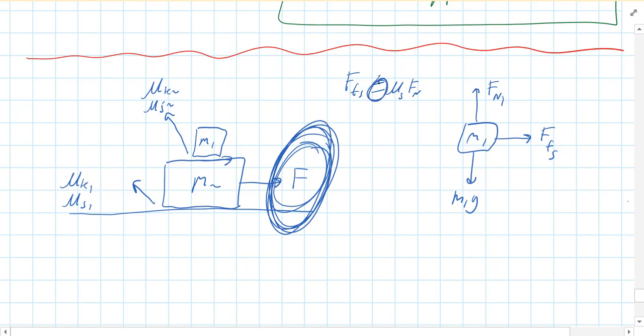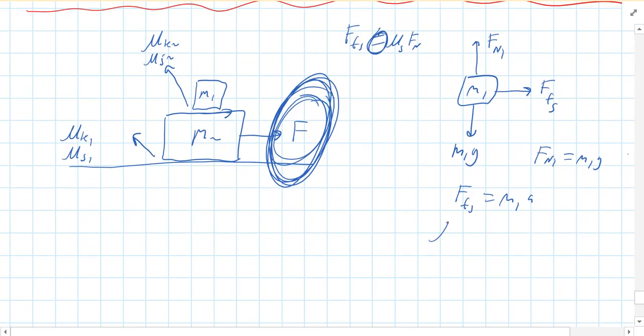We want to know the biggest amount, the biggest force of friction we can have. Now, this is our FBD. This is actually pretty easy. In the vertical direction, I know that FN1 has to equal M1g. And in the horizontal direction, I know the force of friction static has to equal M1a.